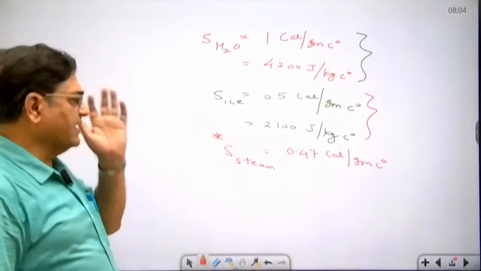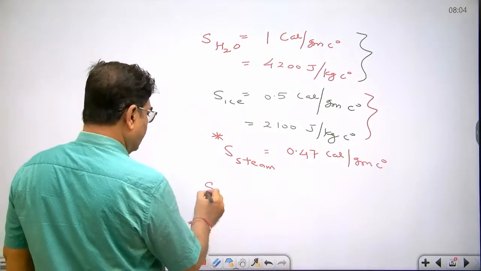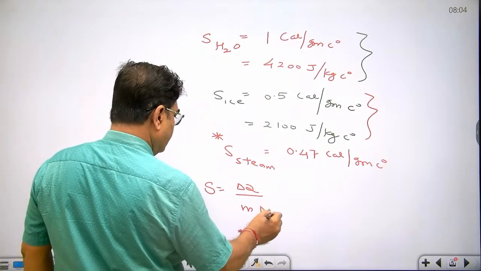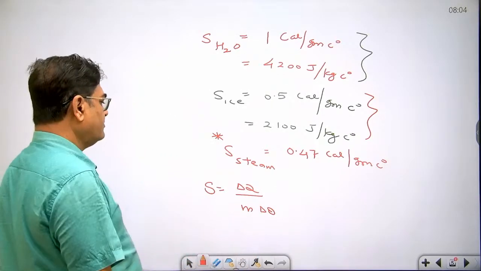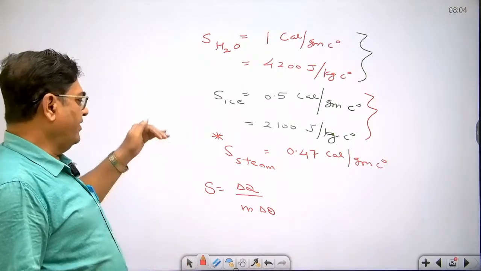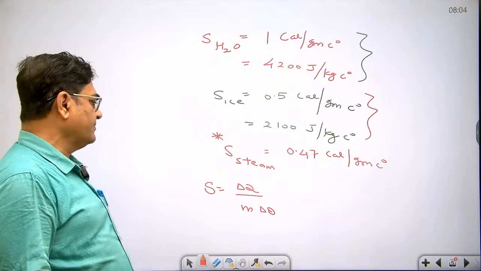What is the physical significance of specific heat? Let's see. Specific heat is delta Q upon m delta theta. Dear student, if the value of specific heat is less for a given substance, what does this indicate?